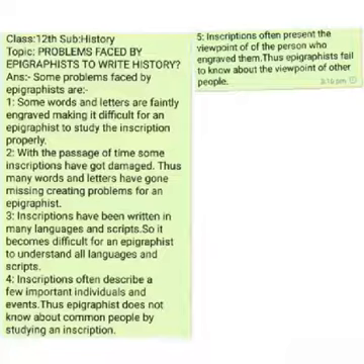Number 4, the inscriptions often describe a few important individuals and events. Ashoka's inscriptions describe Ashoka's life, Ashoka's Dhamma, Ashoka's administration.